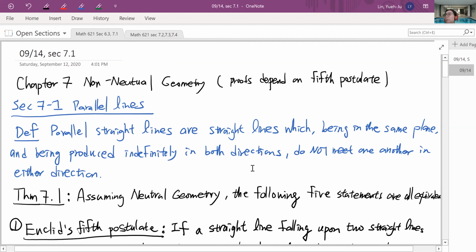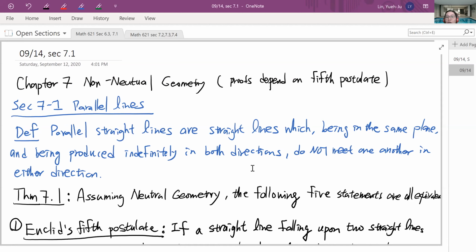Neutral geometry is essentially what we have done in chapter 3 and also chapter 6, for example. Neutral geometry means that all the propositions, results, or theorems we have obtained do not depend on the 5th postulate, the so-called parallel postulate. So it only depends on the first 4 postulates and the common notions. Just take out the 5th, right?